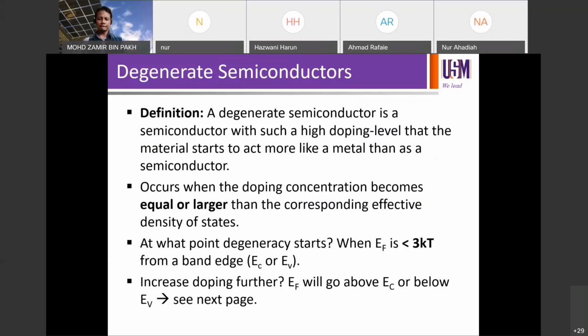If I'm doping my silicon to n-type, the position of the Fermi level will be less than 3 kT relative to which band edge? In comparison to which band edge, EC or EV? If my semiconductor is n-type and I would like to check the degeneracy properties, do I check in comparison to EC or EV? Anyone?